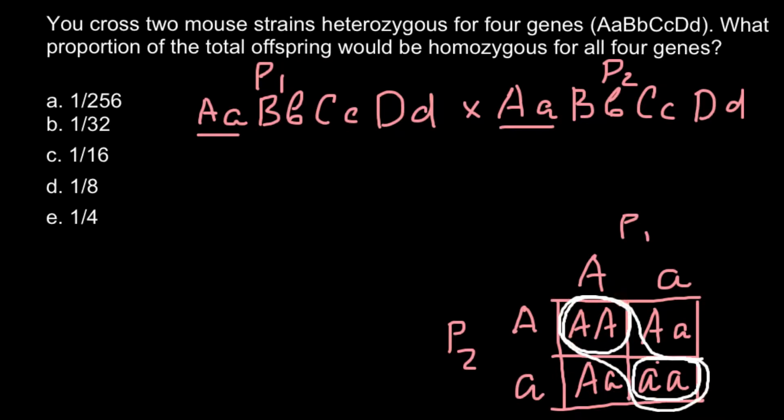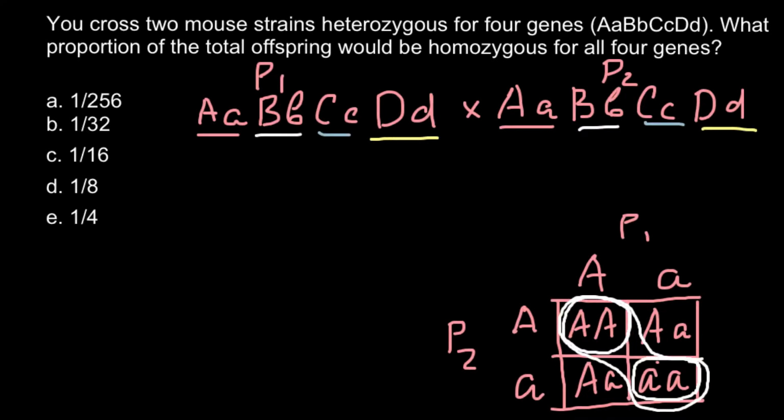So 2 out of 4 would be homozygous, so 1/2. That's why we apply the same rule to each allelic pair. So the same results would be here, and the same results would be here, and the same results if we cross these 2 allelic pairs.